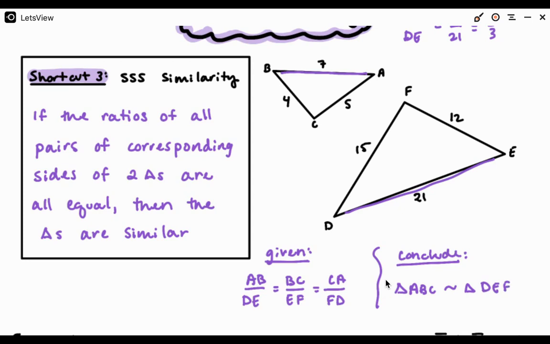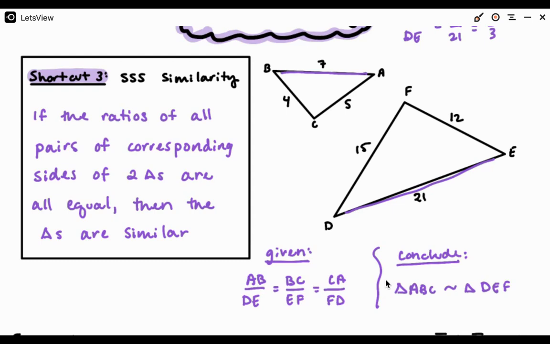And what we get from that is that their pairs of corresponding angles are also congruent, because that's the additional part of being similar that we didn't know already, that wasn't labeled on these triangles, that we can then conclude from knowing that they're similar.